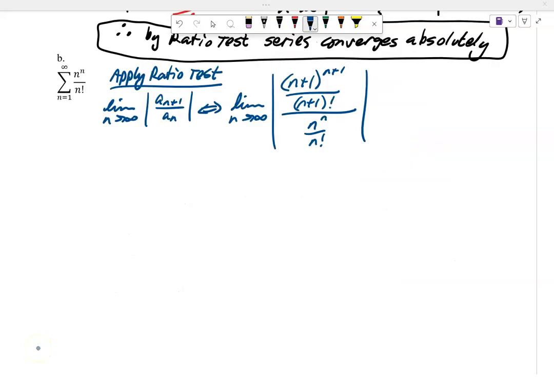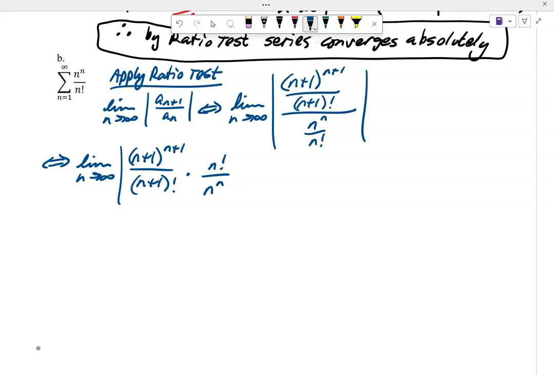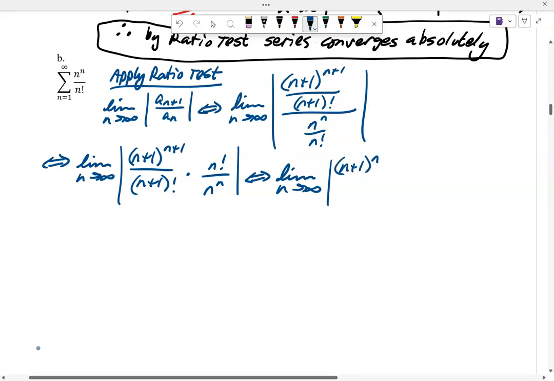All right, we're going to go ahead and apply the ratio test on this next one as well. Notice I got the a sub n plus 1 term over the a sub n. Let's go ahead and clean that up. Multiply by the reciprocal here. So we got n plus 1 to the n plus 1 over n plus 1 factorial times, we get n plus 1 to the n times an n plus 1 to the 1.